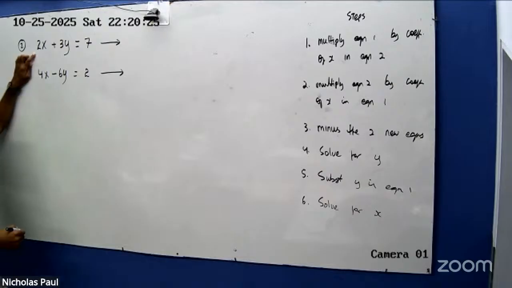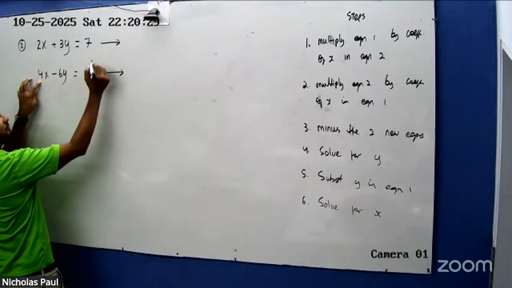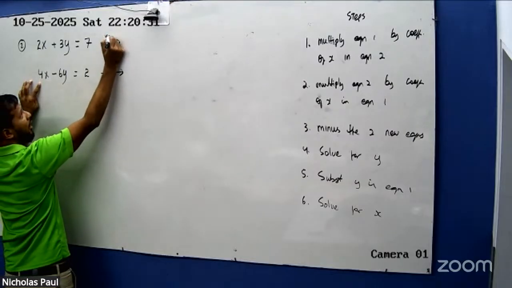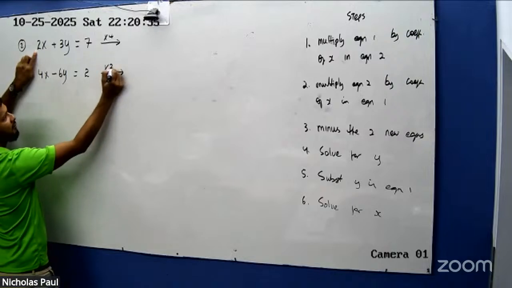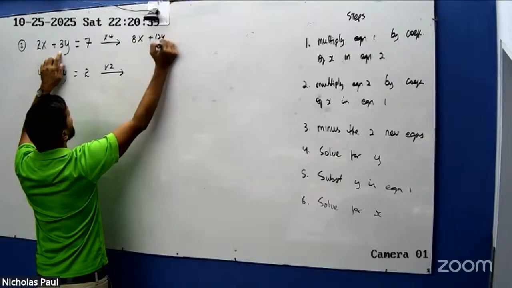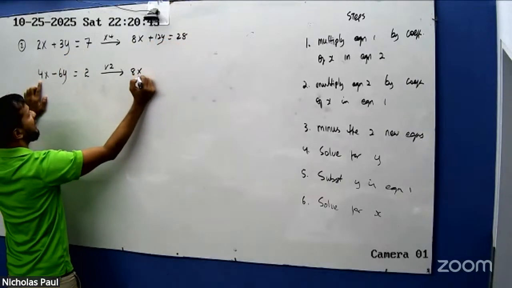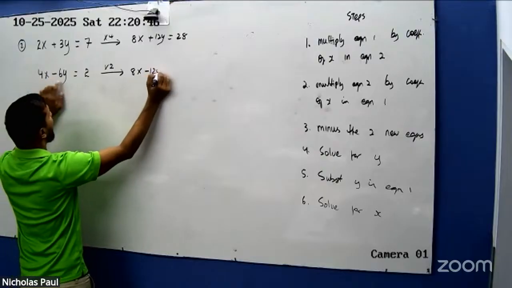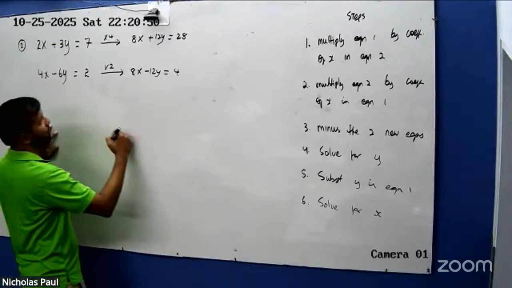Right. What do I multiply the first equation by? By the coefficient of x here, right? So I multiply by 4. What do I multiply the second equation by? 2. So this will give me 8x plus 12y is 28. This will give me 8x minus 12y is 4. Right?